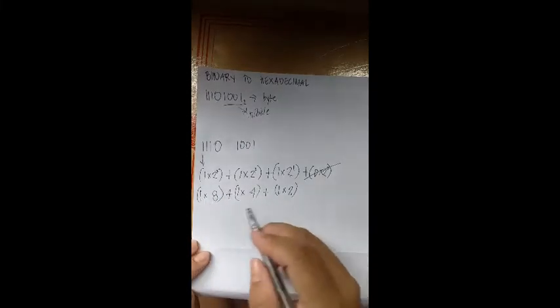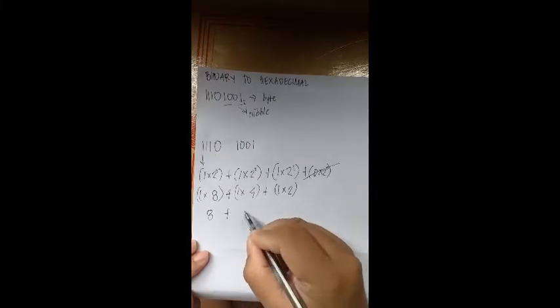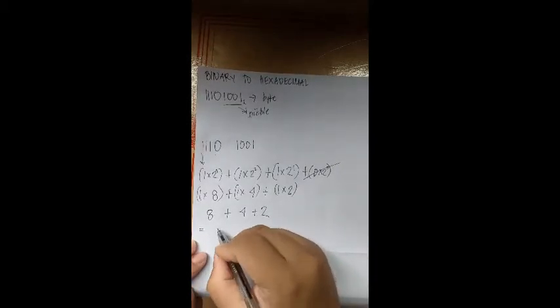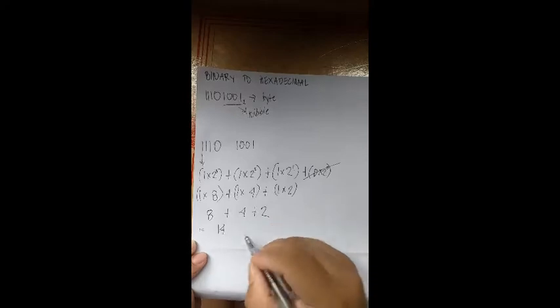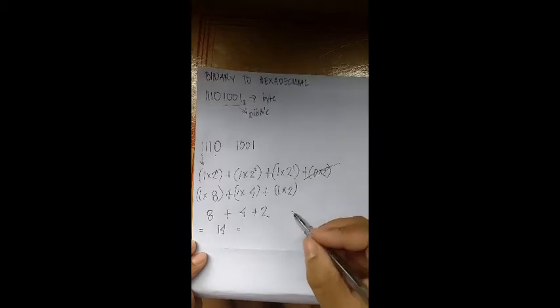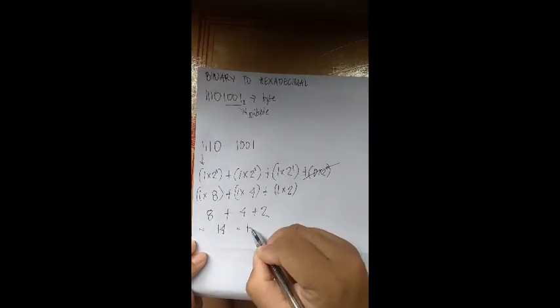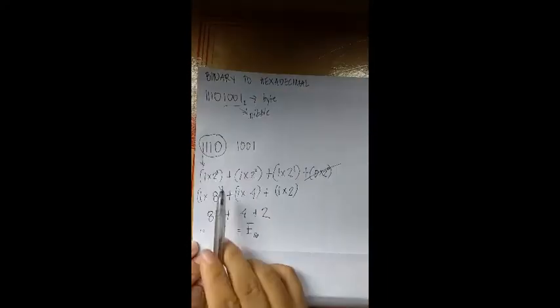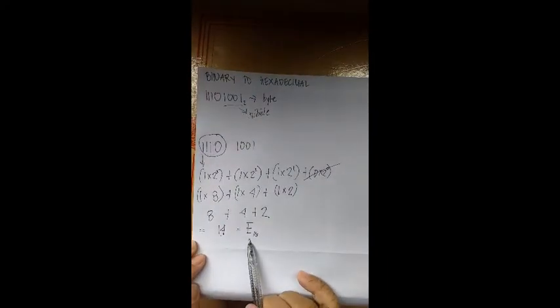So, simplification, 8 plus 4 plus 2 is equal to 14. And ang aton nga 14 nga number is equivalent sa aton nga letter sa hexadecimal nga E. So, ang 14 is equal to E sa hexadecimal. So, ang iyang equivalent sa 1110 nga nibble is E sa hexadecimal.